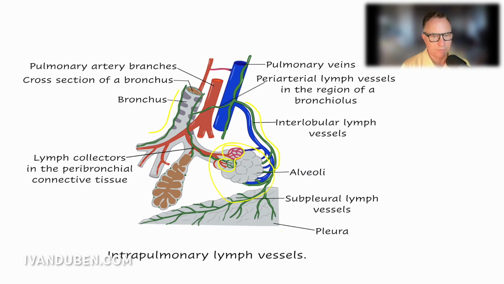And down here we have the pleura, and note the connection of the pleura. Its lymphatic vessels connecting with these interlobular lymph vessels, connecting back up to be brought up and deposited into the venous angles.